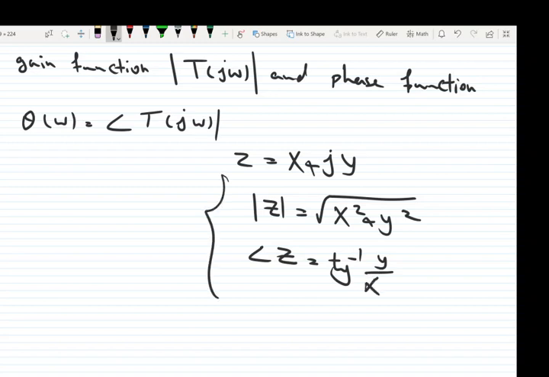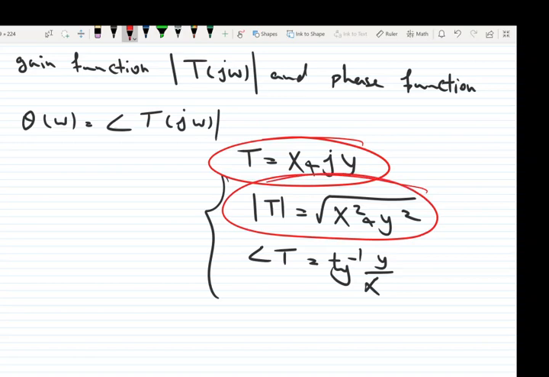So let me replace z with T. If T is a complex number, the amplitude of T can be determined with this equation, and the phase can be determined by this equation.